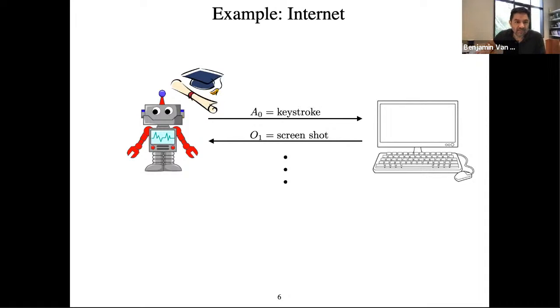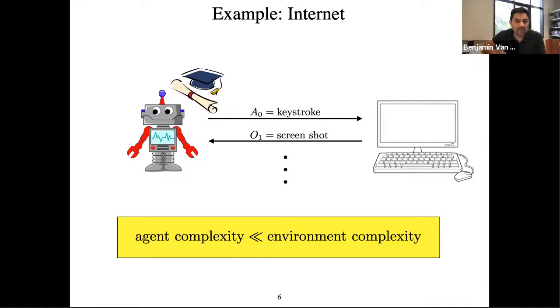And in this case, the environment is becoming so complex that the agent design needs to be bounded, and there are compromises that need to be made in order to maintain a level of complexity in the agent that is much smaller than the environment.